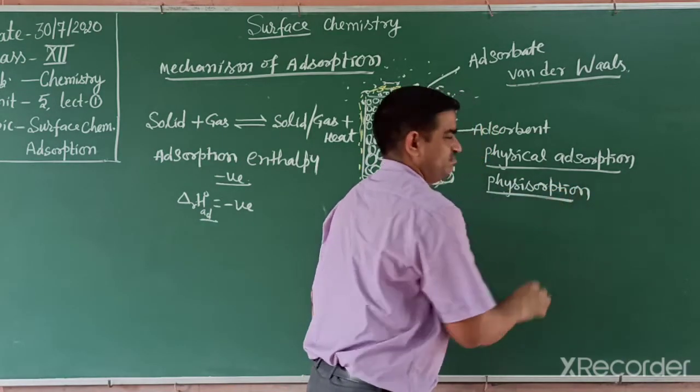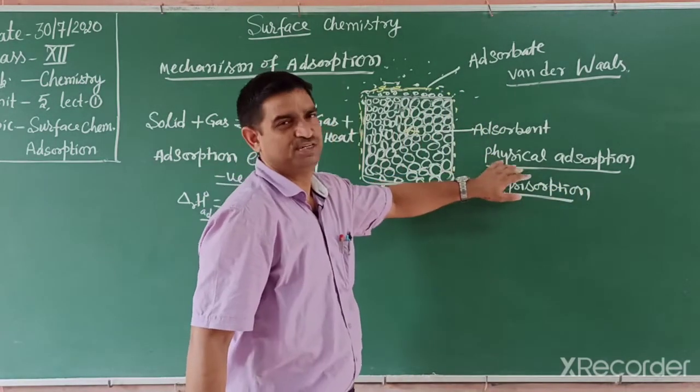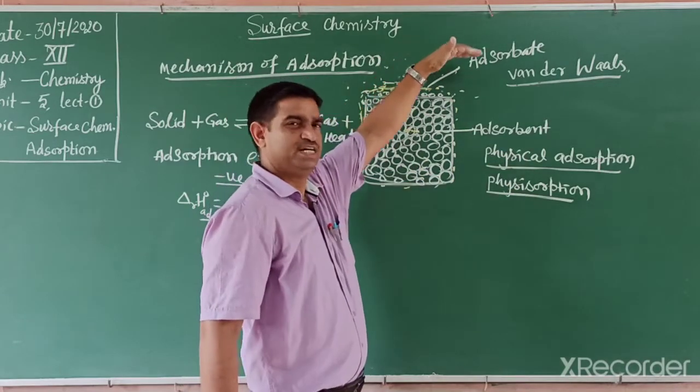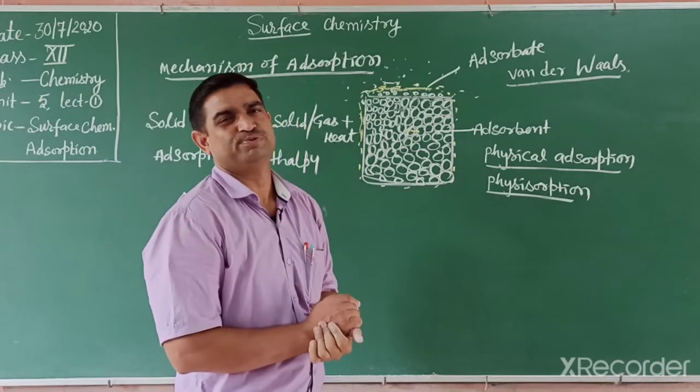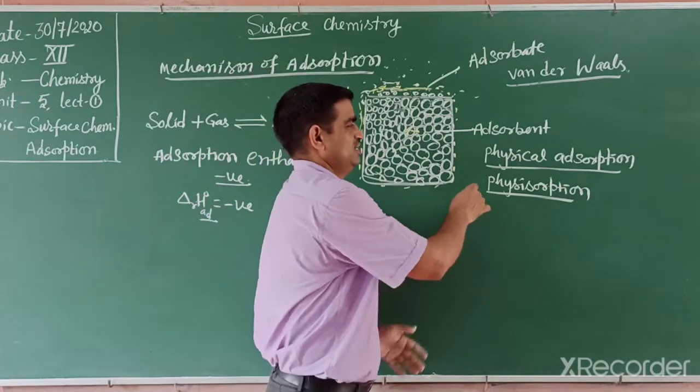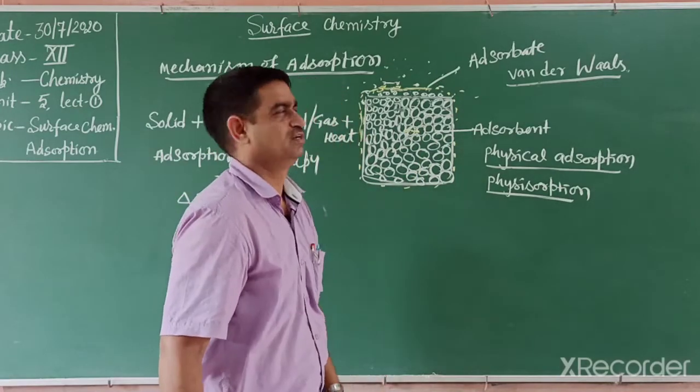Students, a new term. What do you mean by physical adsorption? Between adsorbate and adsorbent, if there is a weak van der Waals force of attraction, that is known as physical adsorption or physisorption.